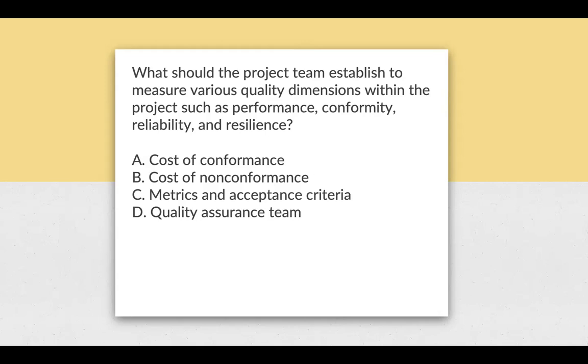So the correct answer is metrics and acceptance criteria. Metrics like defect rates or time to failure, and acceptance criteria, the standard deliverables must meet, are these specific measurable items used to determine if the project quality dimensions, that is performance, reliability, etc., have been achieved.